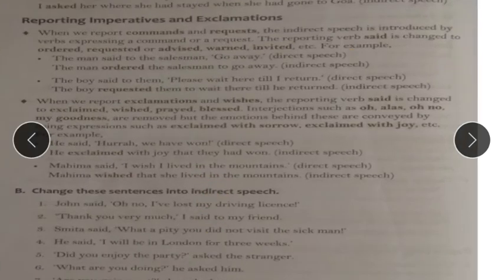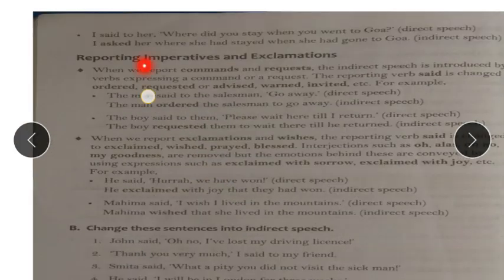Now come to your next page. I said to her, "Where did you stay when you went to Goa?" I asked her. She is questioning with where, so it is a WH question. So I asked her, where?